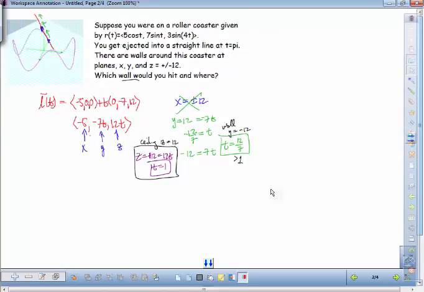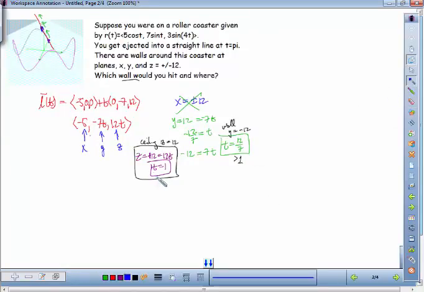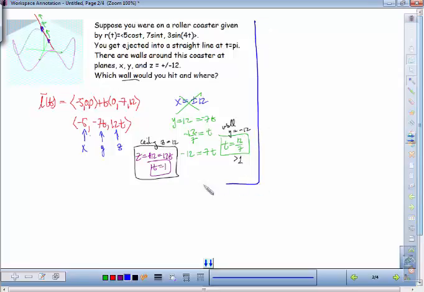We found out that it hits the ceiling at t equal to 1, and then if it went through the ceiling and continued, it would hit the wall y equals negative 12 at some other time past 1 second or 1 minute or whatever. So we know that it hits the ceiling at t equal to 1. We found the line equation for that.